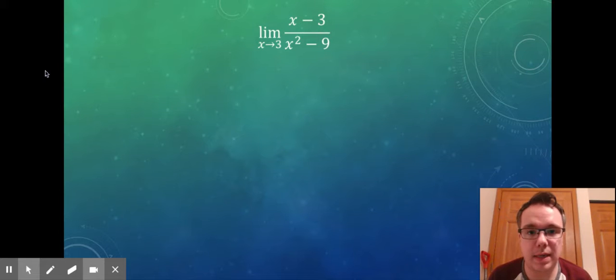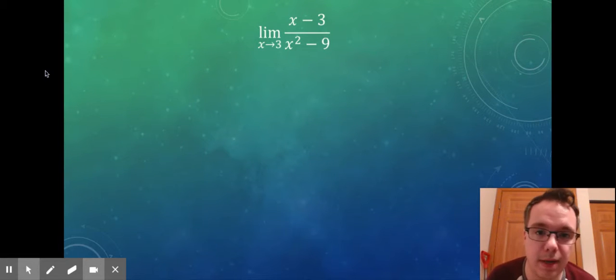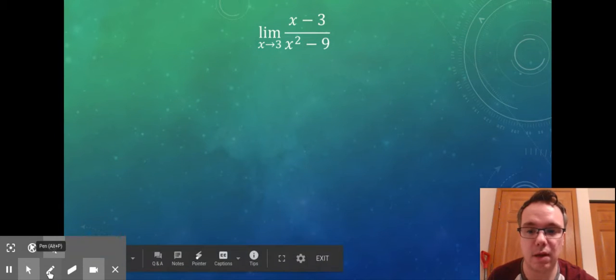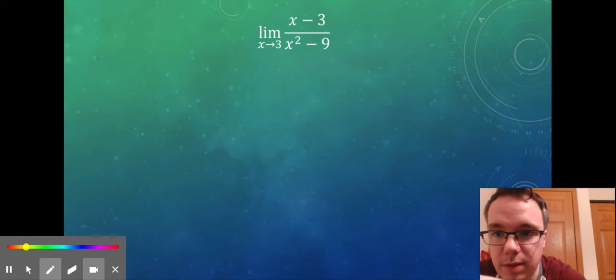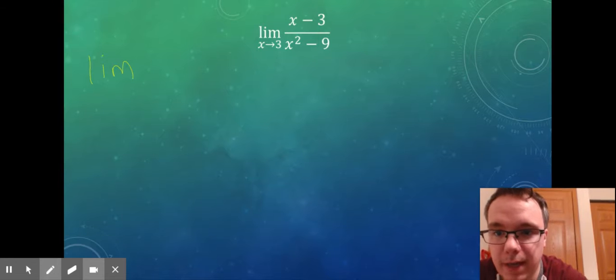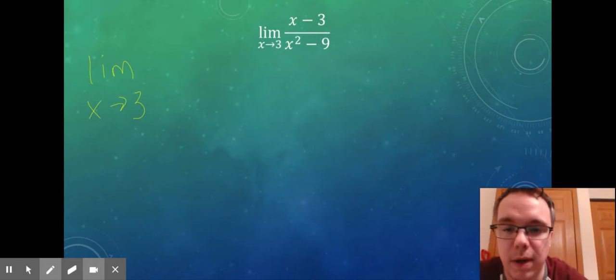So we have the limit as x approaches 3 of x minus 3 over x squared minus 9. And as I stated before, if we threw a 3 in there, 3 squared is 9, and 9 minus 9 is 0. So that poses a problem because we would get a 0 as our denominator in a fraction. So what we are going to do is factor either the numerator or the denominator, whichever one.